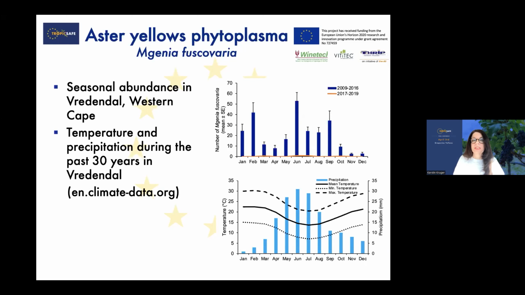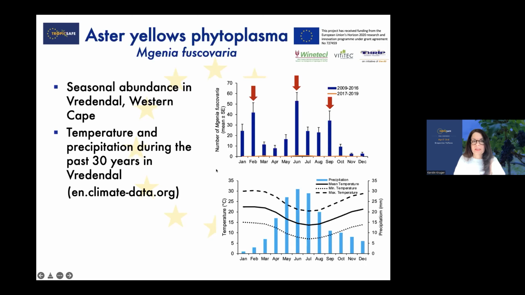This graph presents the number of adults recorded on sticky card traps, and there are 3 peaks in the year: one in late summer, in February, then in winter, in June, and then in spring, in September. The three peaks suggest that we have 3 generations per year.